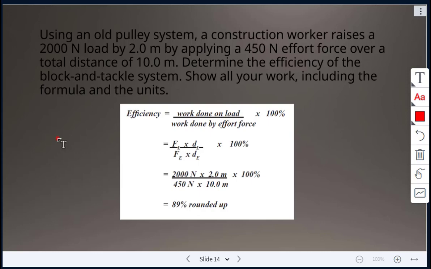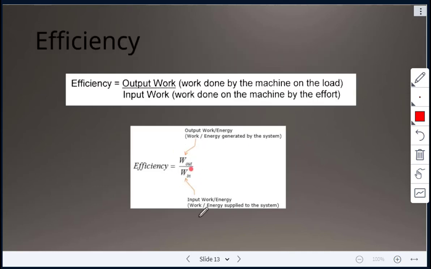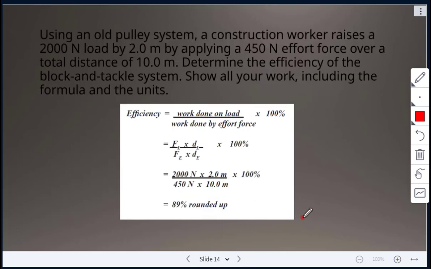If we look at what's being done here, it's the work done on the load, so it's the output divided by the input. And here it's the work done by the effort force, that's your input. We're going to use our formula that work is equal to force times distance to calculate both of those.